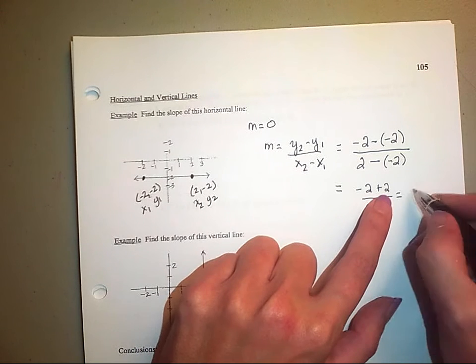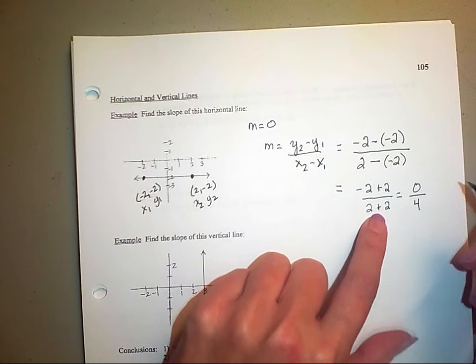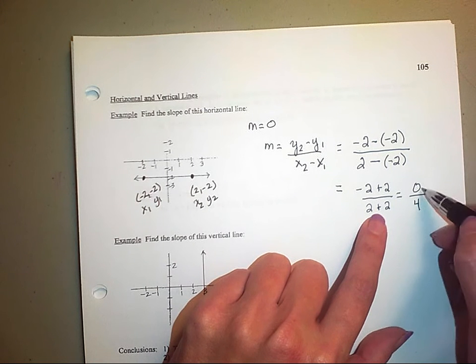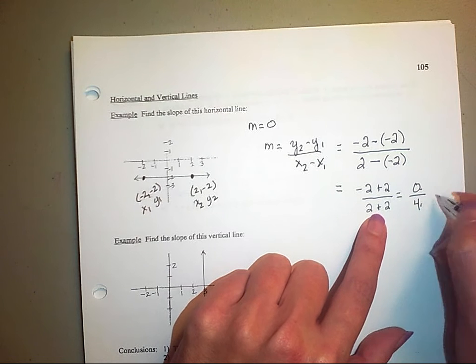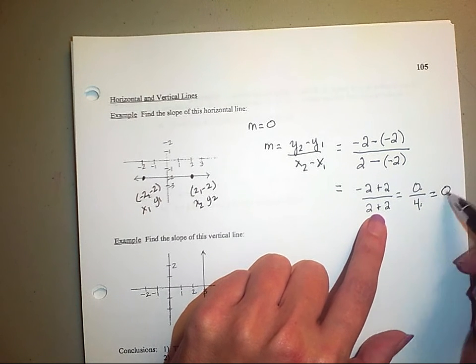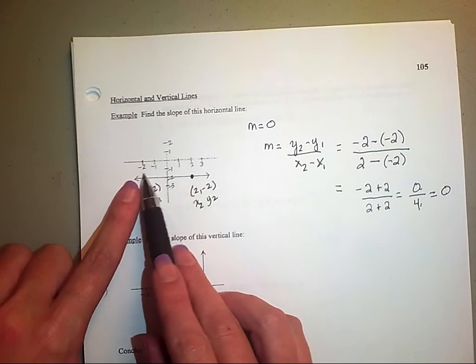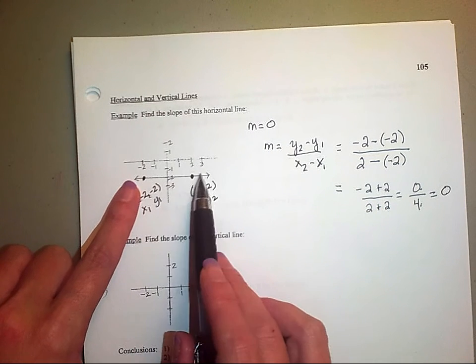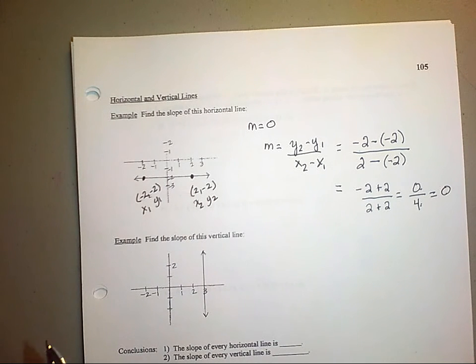Now, -2 plus 2 is just 0, and 2 plus 2 is 4. And once you're at this point, 0 divided by anything that is not 0 equals 0. So we've just shown that the slope is 0 by the same reasoning that we thought about in terms of walking. If you're walking on a perfectly flat surface, it should have a slope of 0.